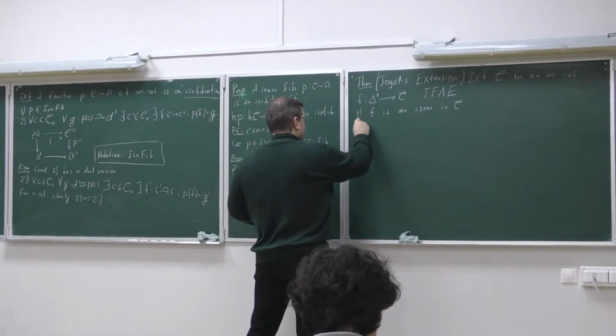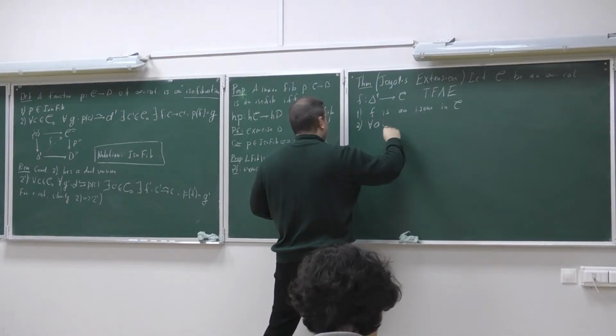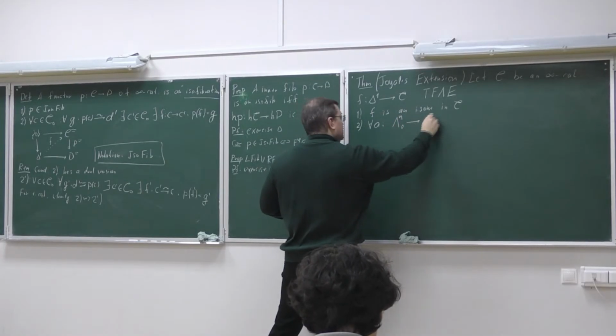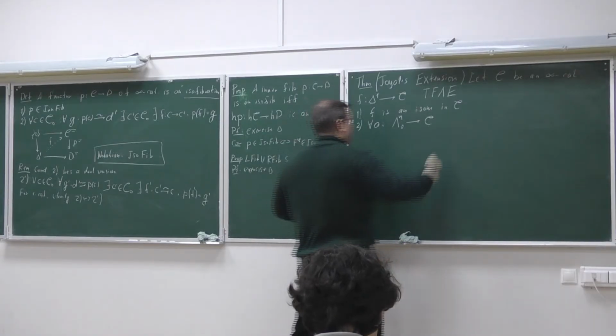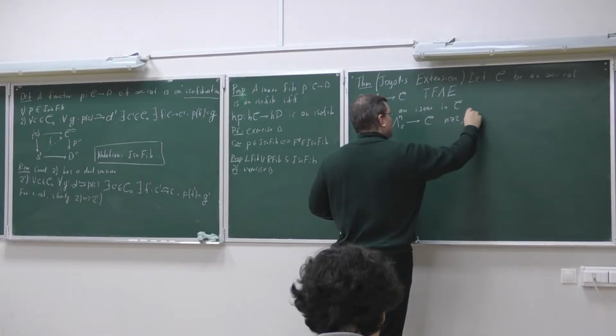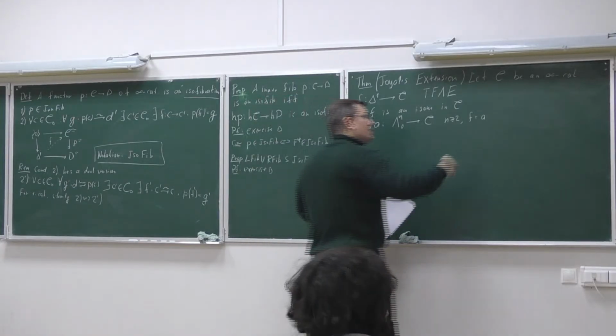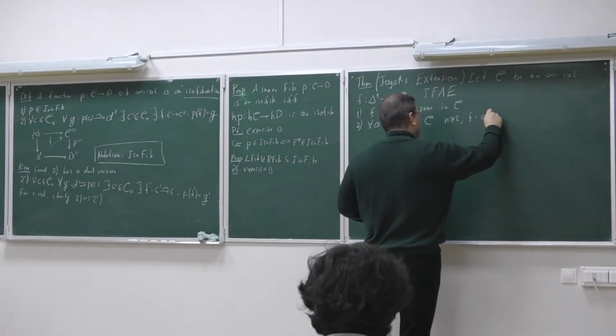And the second condition, for any map A from the left horn, lambda n 0, to C, where n is at least 2, and also the assumption is that if you look at the first edge of this horn, then this is given by f.